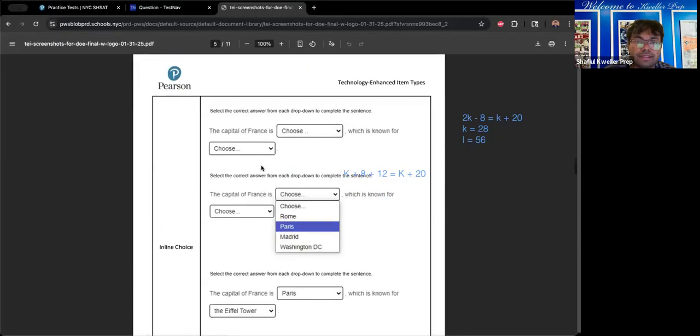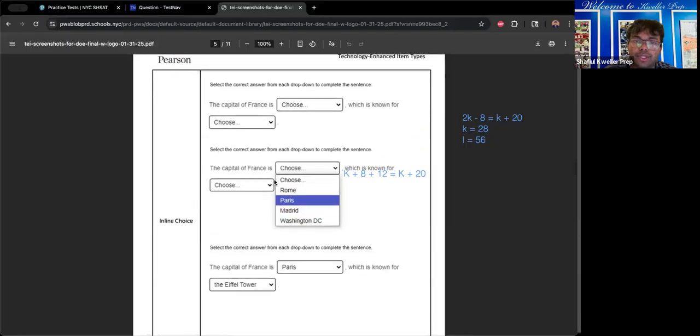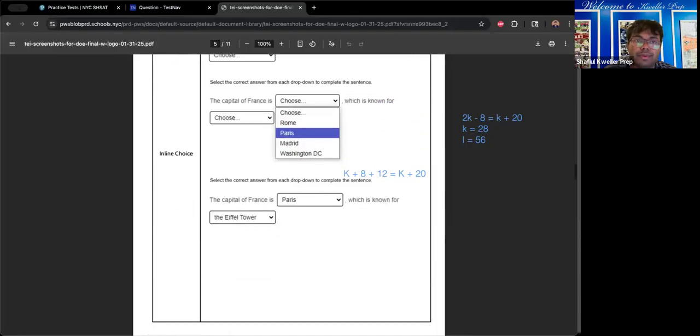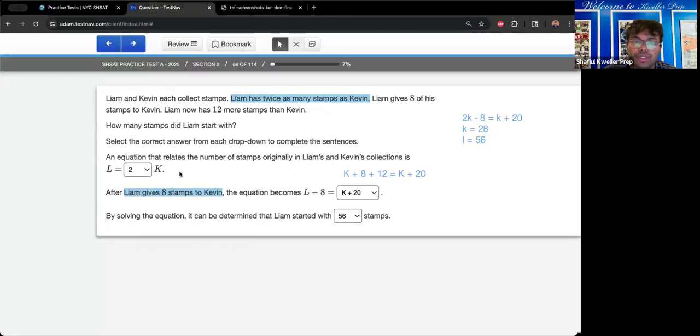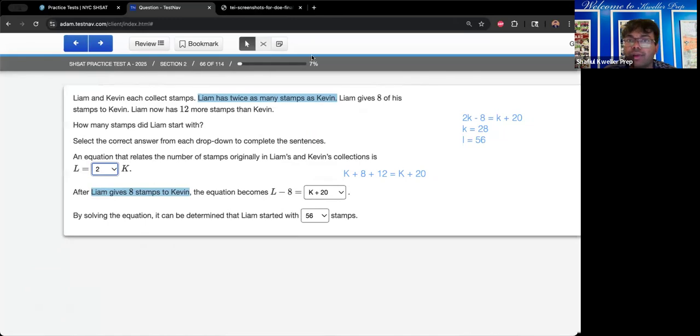It's something like this. They show the type of question right here. But yeah, it's one of those inline choice questions where you just have to walk through and choose the right thing. Again, you do not get credit if you get one wrong and two of these right. You will get the question completely wrong. The idea is you want to get all three questions right. You have to get all three parts right in order to get full credit.